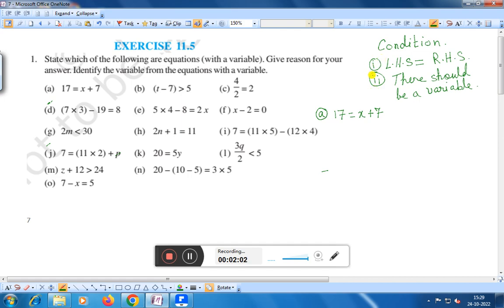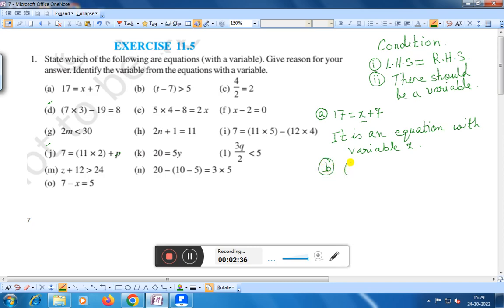Here the first condition is satisfied because left hand side is equal to right hand side, right? As the second condition, there should be a variable. Here the variable is x. Therefore you can say it is an equation with variable x, right?